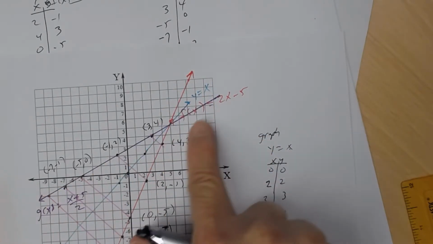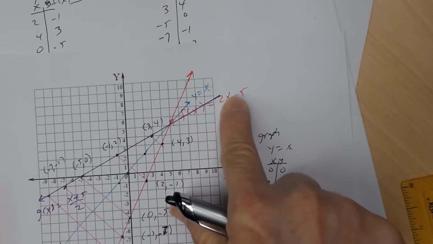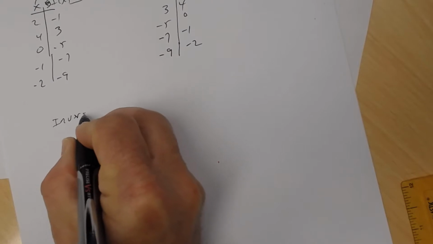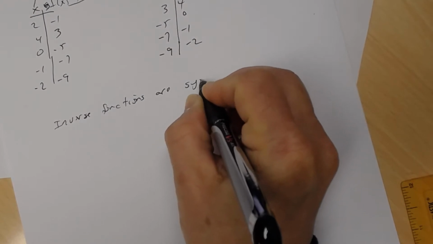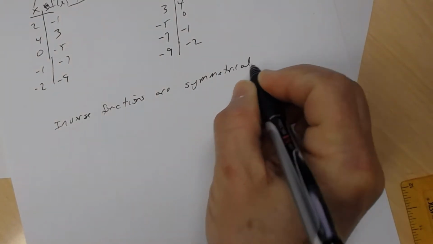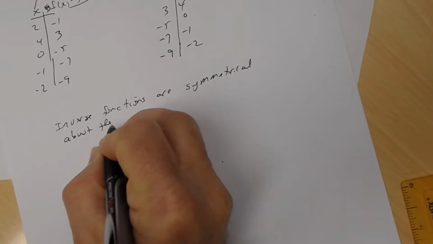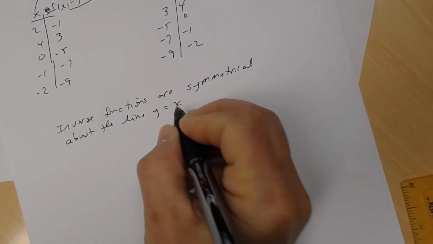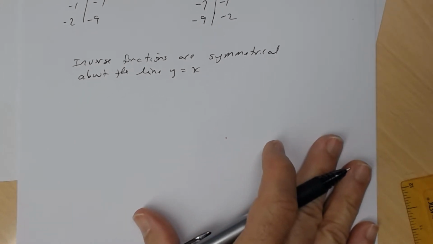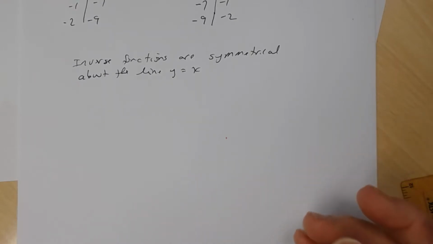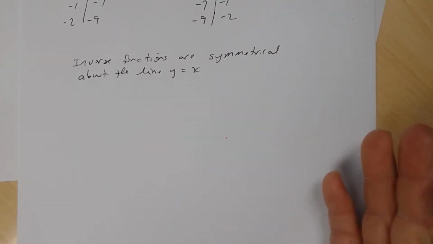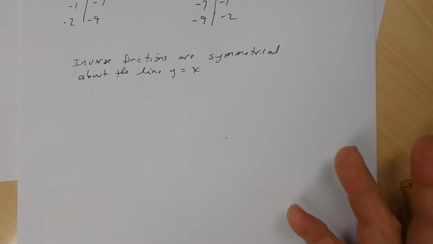Inverse functions are symmetrical about the line y equals x. Just like we talked about even functions being symmetrical about the y-axis, same idea. Odd functions were symmetrical about the origin, same idea. Inverse functions are symmetrical about the line y equals x.